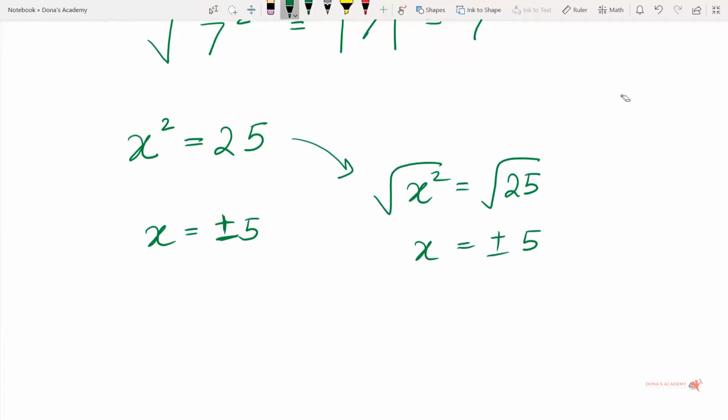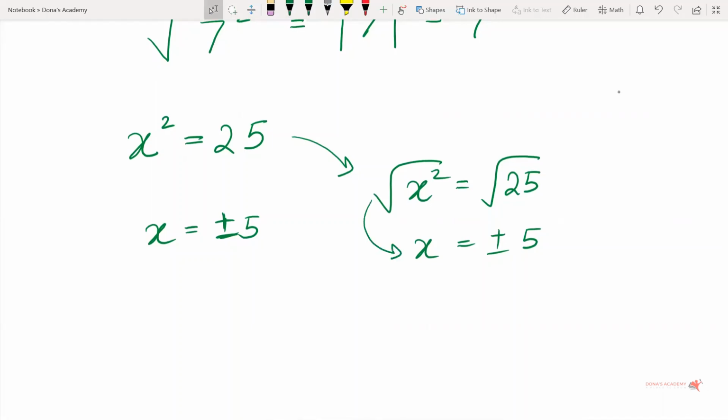This calculation is a little bit misleading. Let's see why. So it looks like you are taking the square root of x squared equal to x, and the square root of 25 is equal to plus or minus 5. These are the two things we just talked about, and they are incorrect, right?